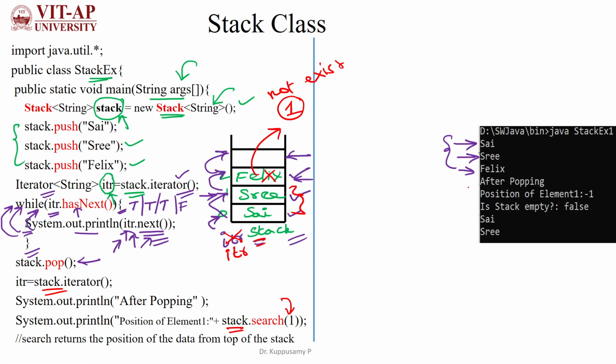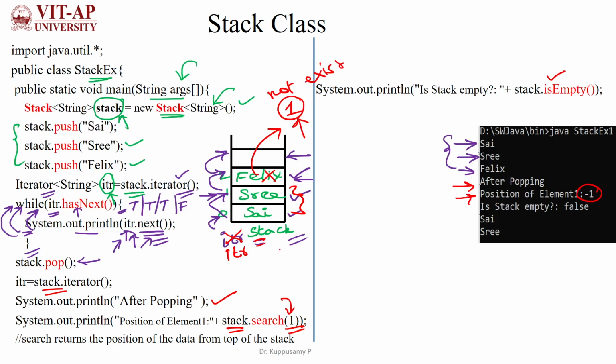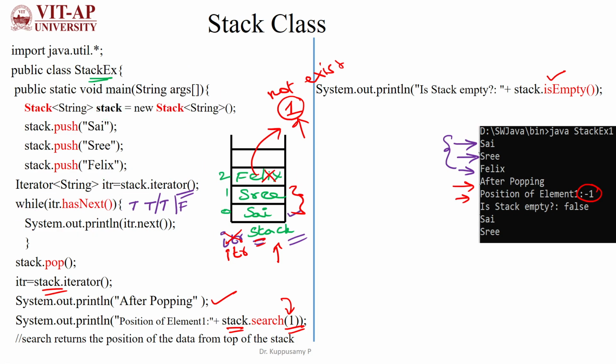After popping, I am searching for the integer value one, and since it does not exist in the stack, it returns -1, right? Next, I am checking whether the stack is empty or not. No, the stack is not empty. It has two elements, so it returns false.